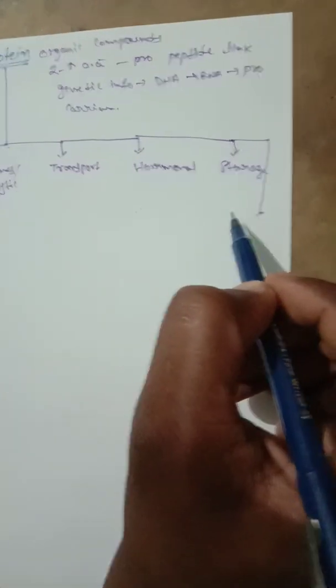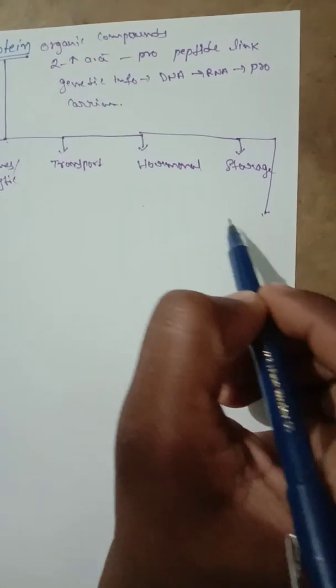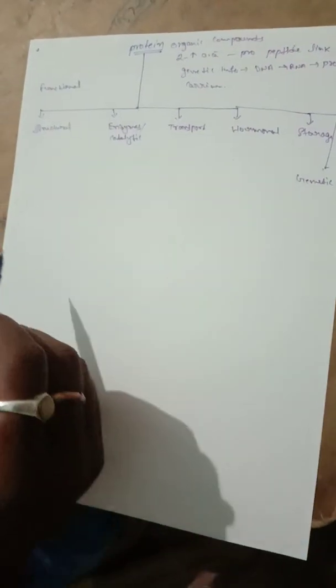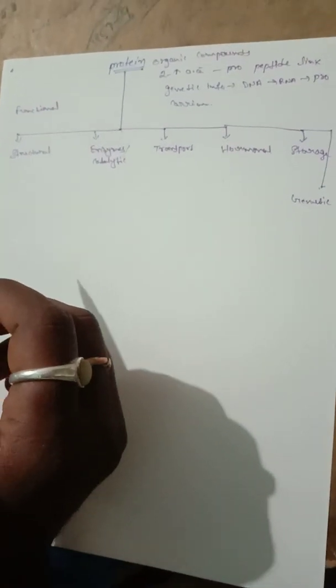The next one, storage proteins. The next classification, genetic proteins. So this is the functional classification. The proteins are classified into several types, depending upon the functional characters.